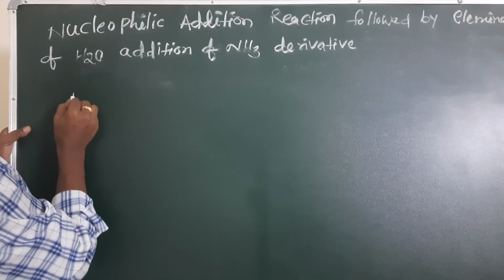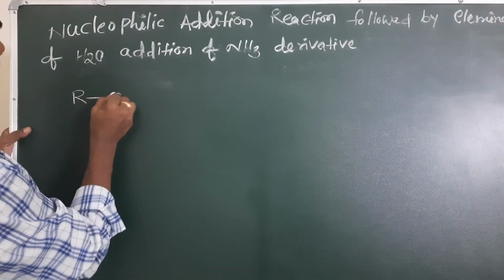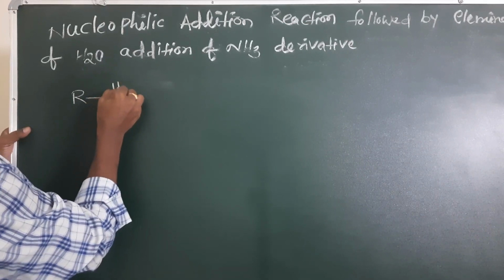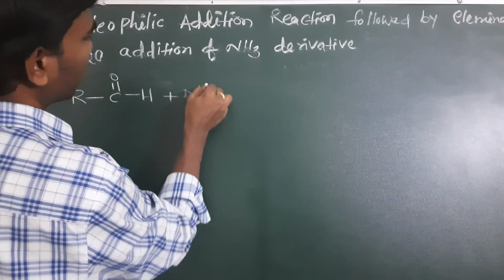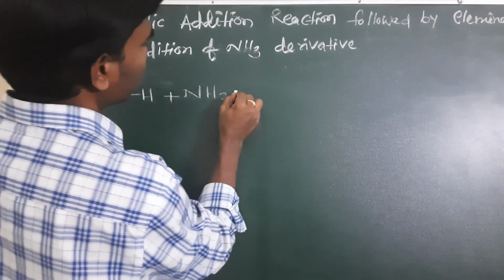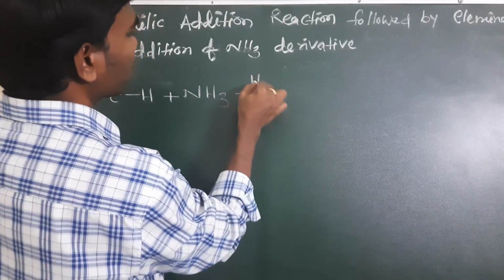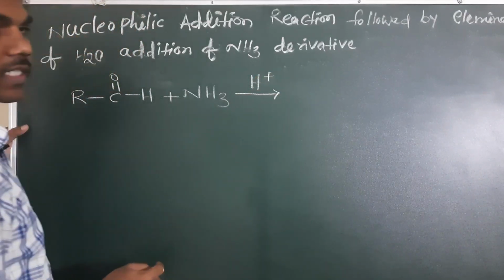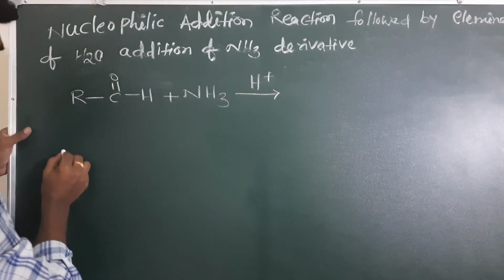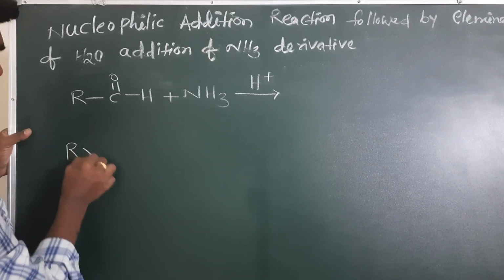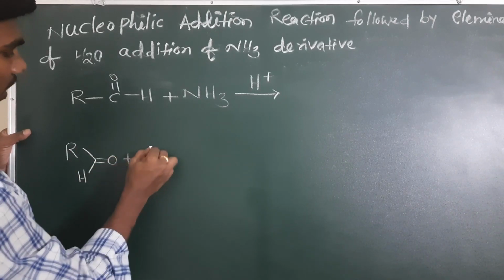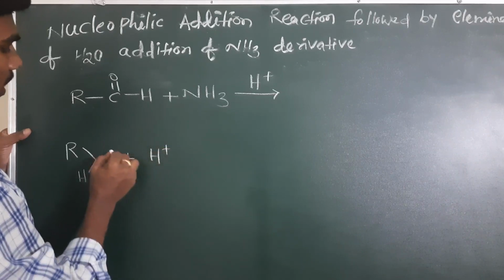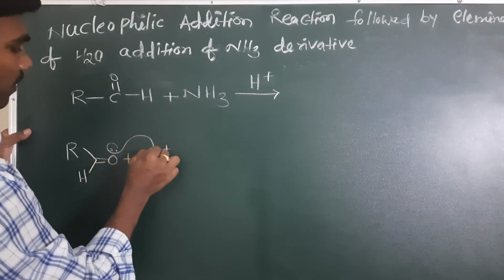So carbonyl compounds will react with ammonia, RC=OH, in presence of acidic medium. In acidic medium, first the carbonyl compound will react with the proton. Acidic medium means an H plus environment will be there.